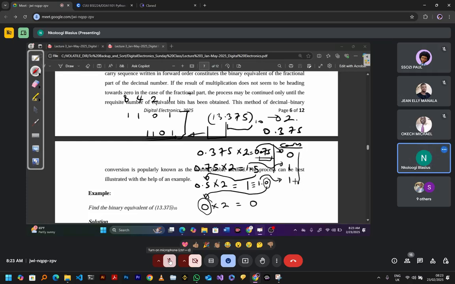This time not from bottom to top, but from top to bottom, the forward direction. So be writing now 0, 1, 1. But this is the fraction part. Remember, you have to combine with the integer part. The integer part was this 1101.011 base 2.